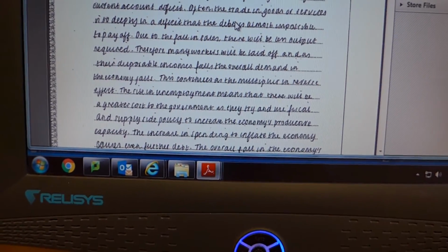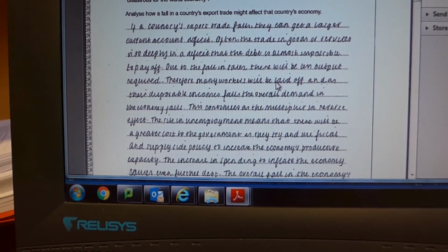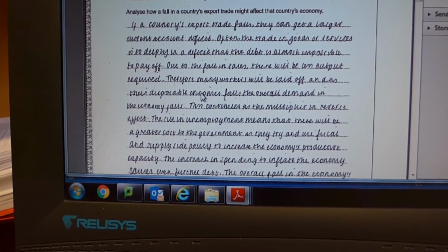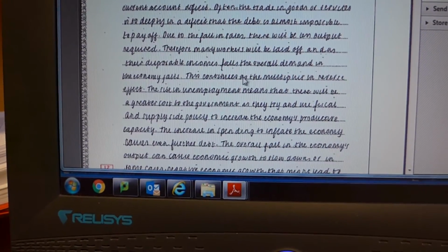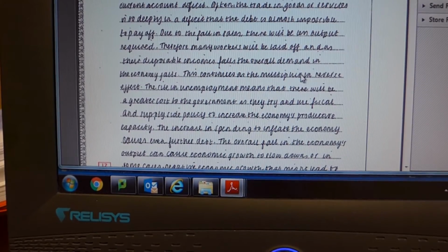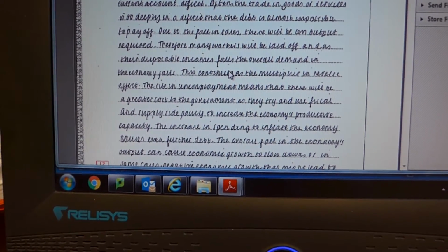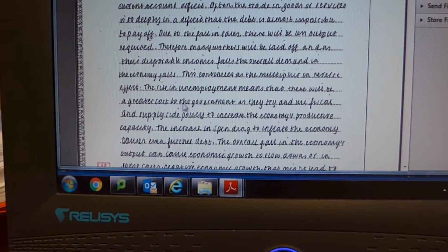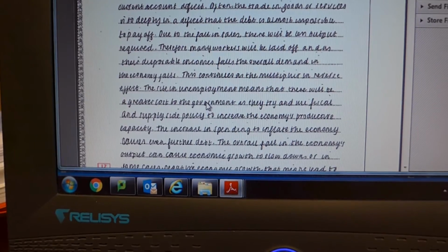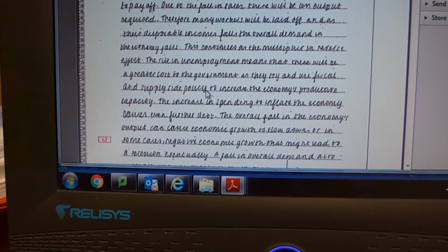I'll say something about that in a moment. Therefore, many workers will be laid off as their disposable incomes fall. Demand in the economy falls. This continues as the multiplier is in reverse. This is tremendous, talking about the negative multiplier effect. The rise in unemployment means that there will be a greater cost to the government as they try and use fiscal policy to increase the economy's productive capacity.